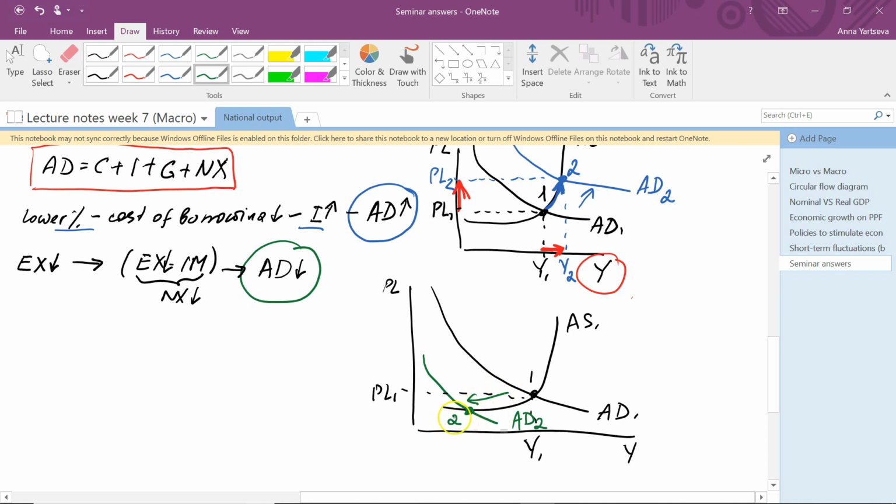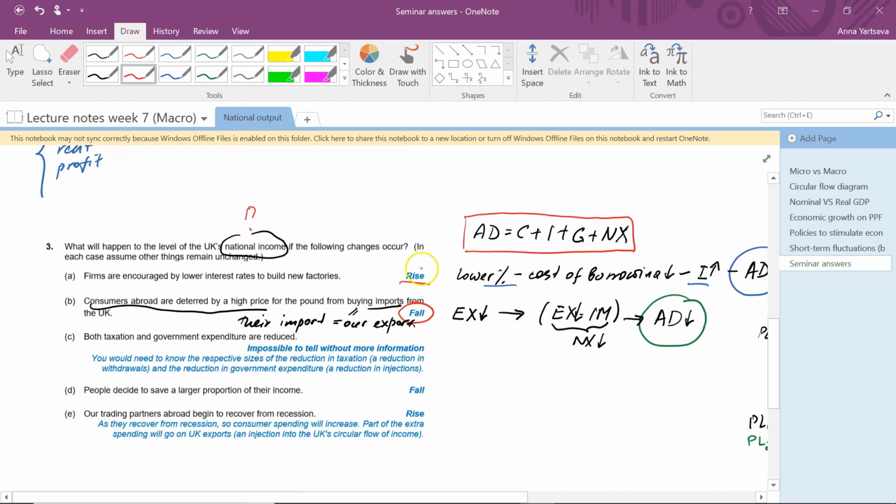Equilibrium will move to point 2 towards lower price level and lower national output. So questions like this can be slightly confusing, and you need to be careful with the direction, especially when we talk about international trade and exchange rates. It's slightly confusing, but basically that's an idea. National output here drops due to lower aggregate demand. National output falls. It's a reduction in national output because our exports has decreased.